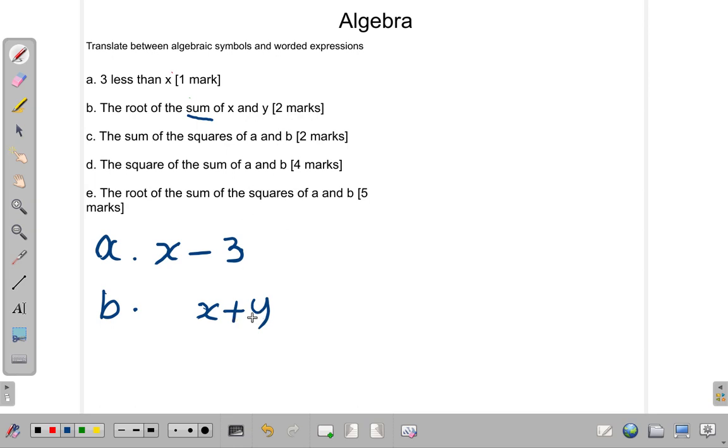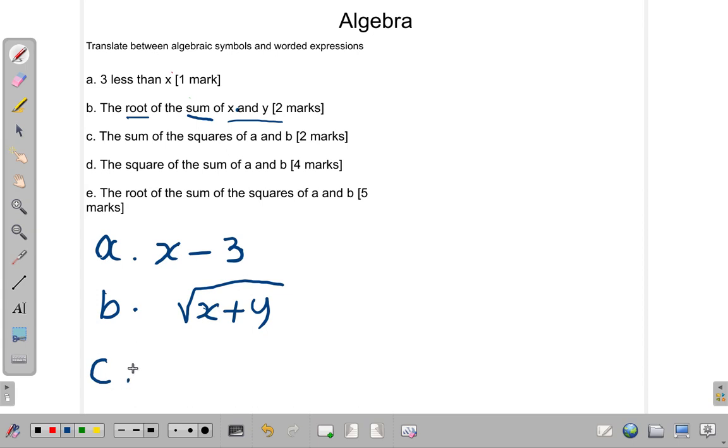Now what about it? You're looking at the root. Now when you say root, you're talking about the square root. So it's the square root of the sum of x and y. So if you did that, you can give yourself 2 marks.